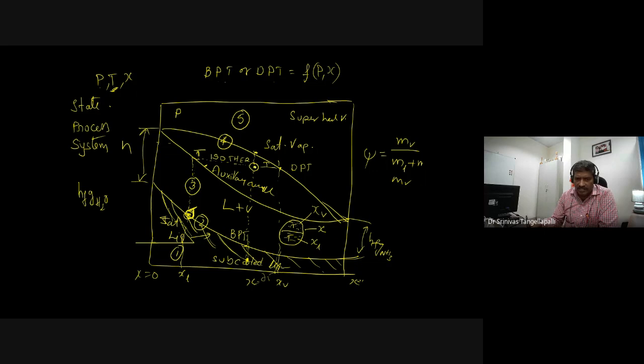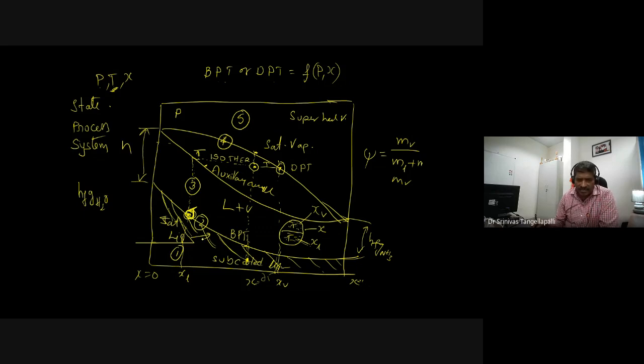How to identify this point? This point I am saying, start with the saturated liquid, because this liquid and vapor both are at the same temperature. Really this is a saturated liquid, and this top one is a saturated vapor. I identify the saturated liquid because, as per convention, temperature curves are available.